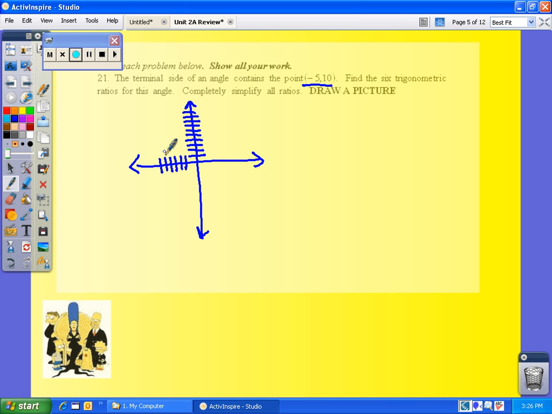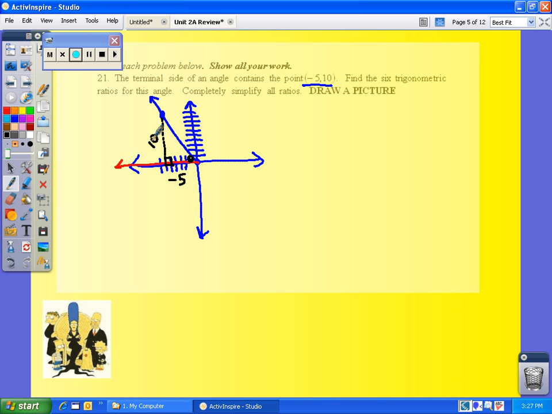So I'm going to go to negative 5, 10, make a dot, and I'm going to draw a diagonal line through that dot. The initial side, I told you before, is always right on the x-axis. And then to make your right triangle, just come straight down and put your theta in between your initial and your terminal side. This is going to be negative 5.